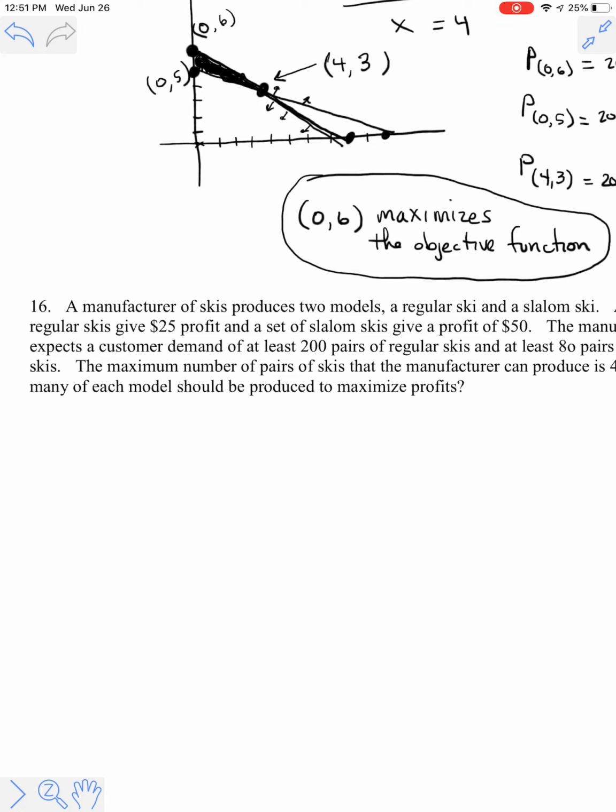Now, we see a statement there at the end that wants us to maximize profit. So our objective function is going to be maximizing profit using the profit statements earlier in the problem about how much money we get from the regular ski and the slalom ski.